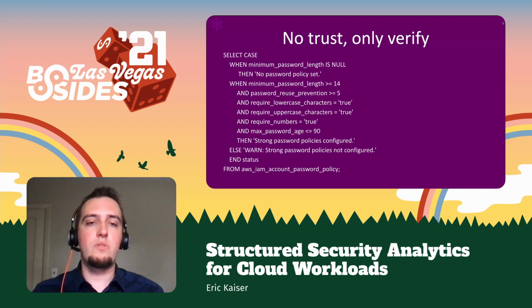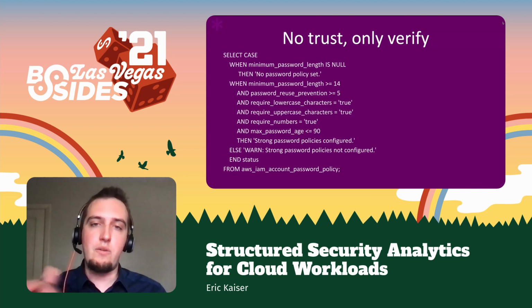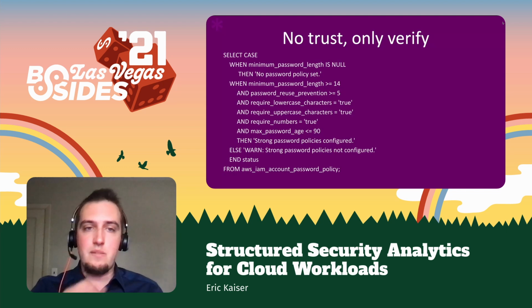Let's make sure not only that users have strong passwords, but that the policy itself is configured. So if the minimum password length is set to null, no password policy is set. That is the gateway through which all others must pass, because a policy has to be set.